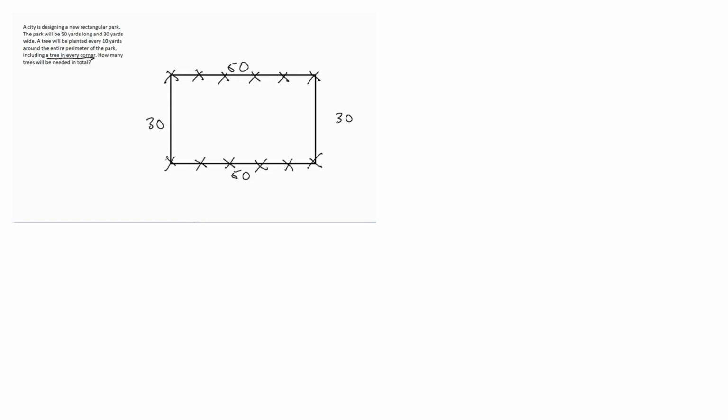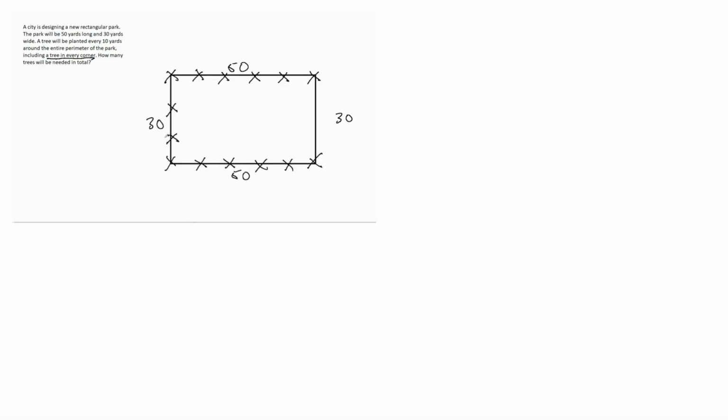So let's do the sides that are 30 yards wide. But we already have two trees in the corners here. These corner trees are shared between the sides of the perimeter. So here's our first tree, 10 more yards. We get our second tree, 10 more yards. We get our third tree, and then 10 more yards this way. 10 yards, 20 yards, 30 yards.